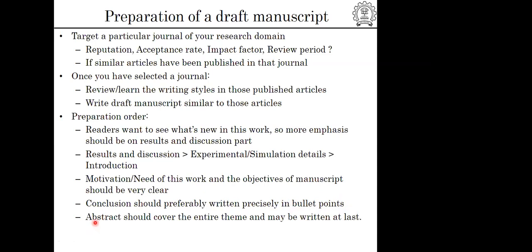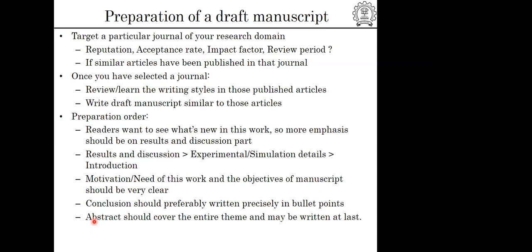The abstract is very important. When a manuscript is sent to a reviewer, we only show the abstract and ask the reviewer whether they are willing to review this manuscript. So the reviewer only goes through the abstract.